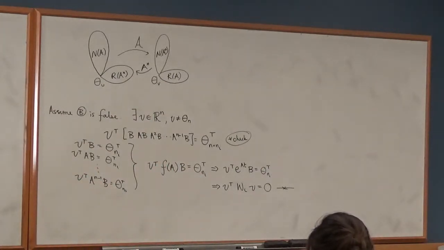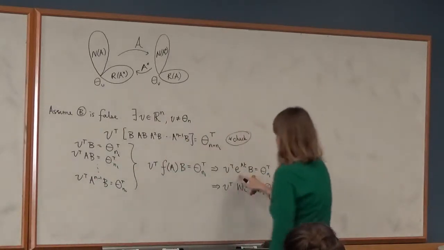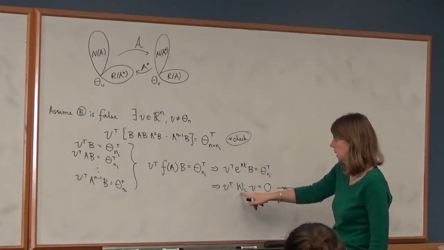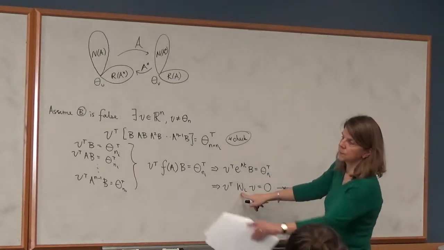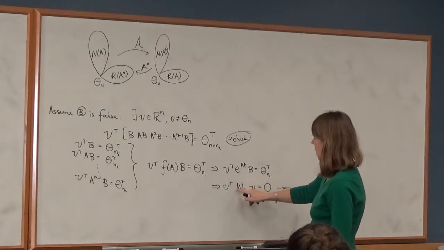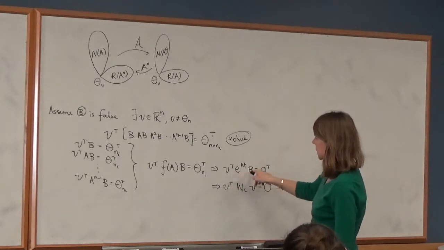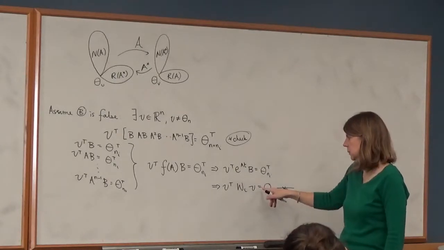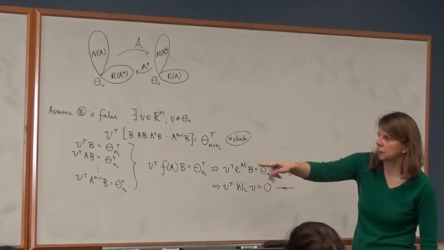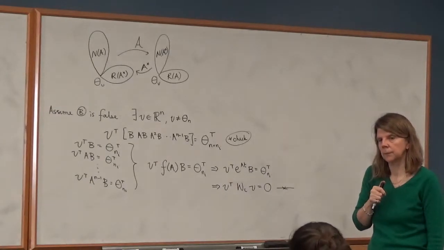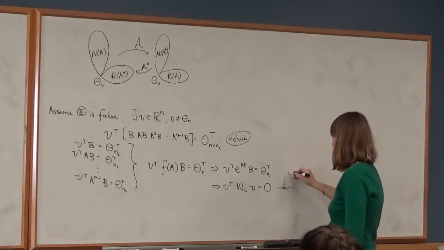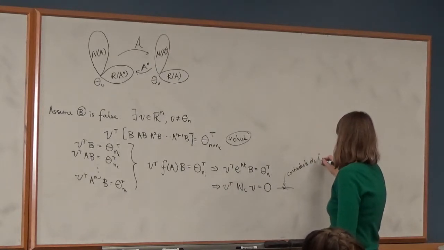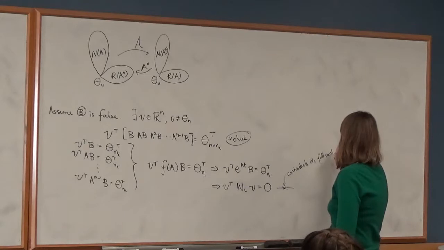So if I know that this is equal to 0, then if I plug in the expression for WC there, bring the V transpose in, I just get that it's equal to 0. And so that gives me the contradiction with WC being full rank.